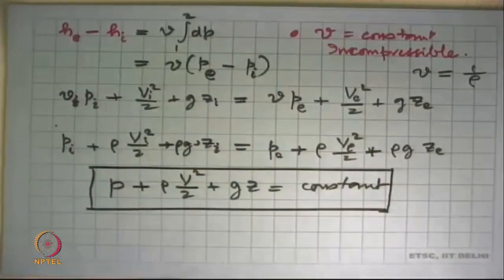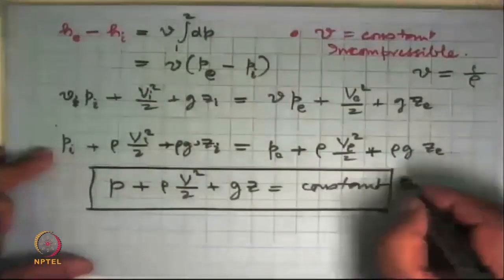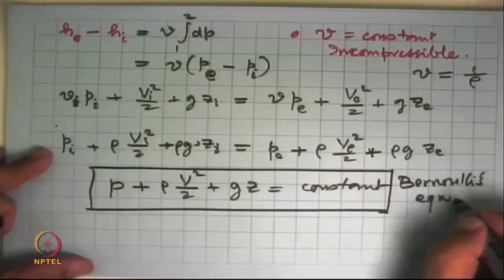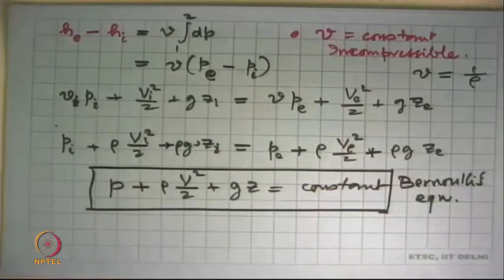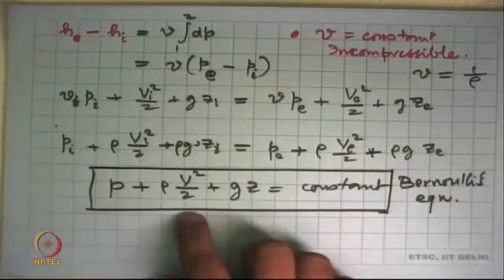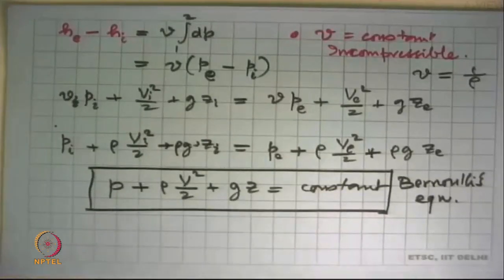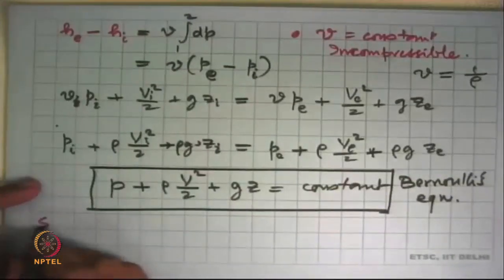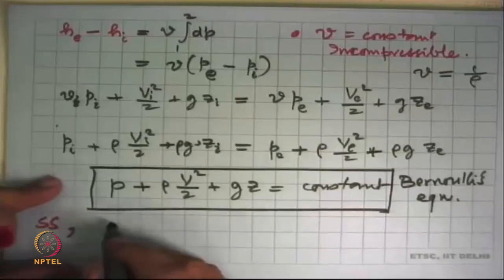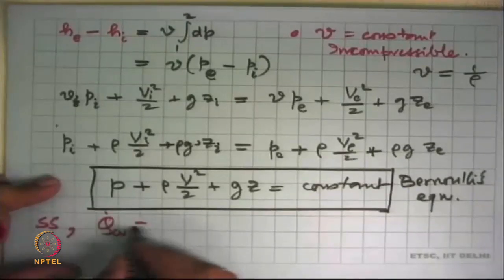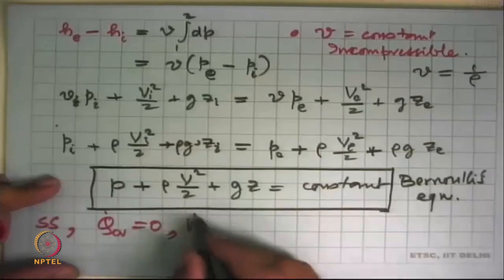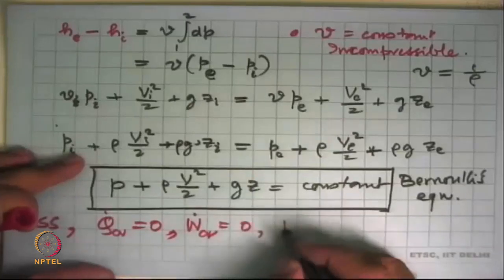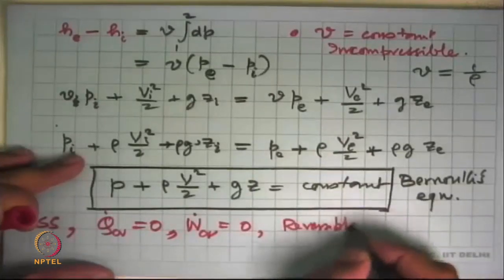And that's an equation you probably came across in school, which is your Bernoulli's equation. This may come up in fluid mechanics, where you derive it in a slightly different way, but that's how the equation came. The thing is, we made so many assumptions. Listed out, we said this is in steady state, then we said Q dot CV equal to 0, W dot CV equal to 0, and then we said it is reversible, no irreversibilities.